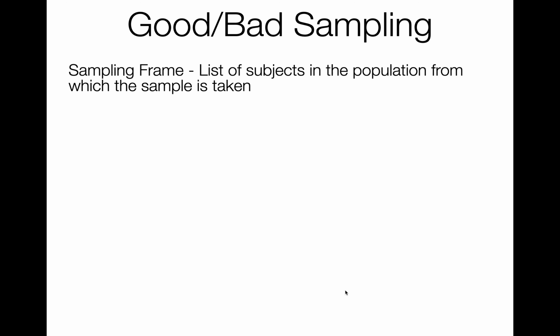An important term when I'm talking about sampling is first a sampling frame. It's a list of subjects in the population from which the sample is taken.